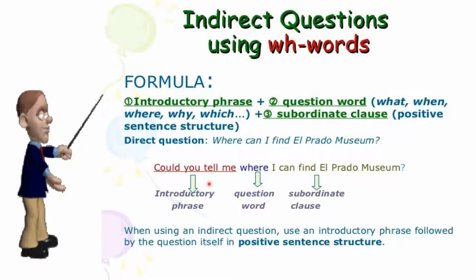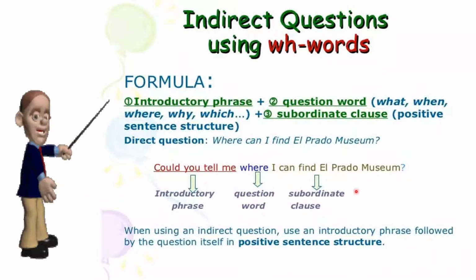But when it is changed into an indirect question with a similar purpose, you start with, could you tell me where I can find El Prado Museum? Or, could you tell me where I can find this object?